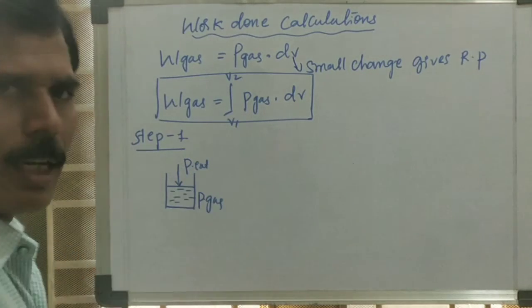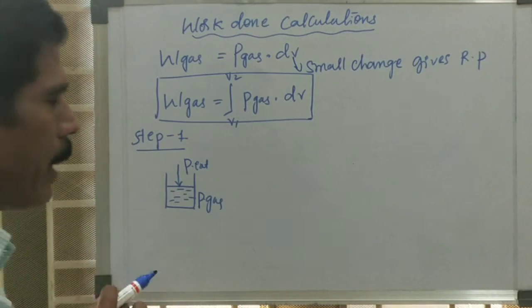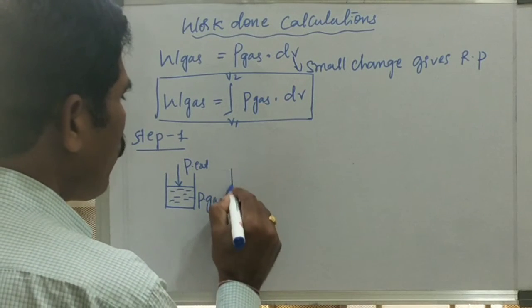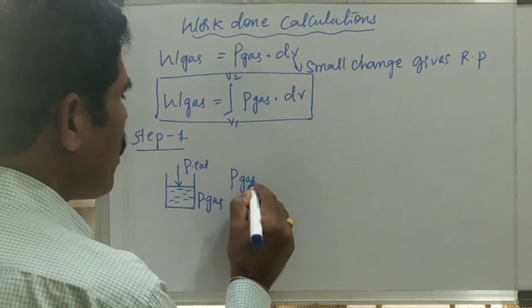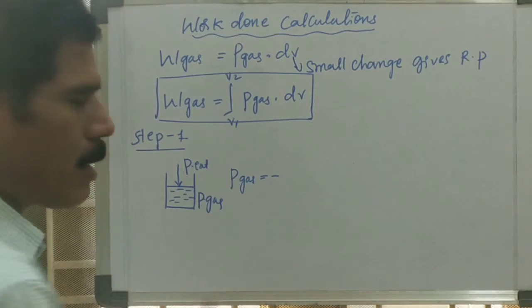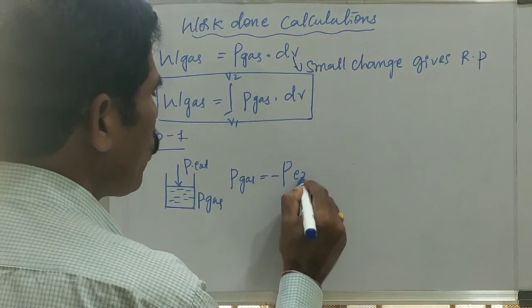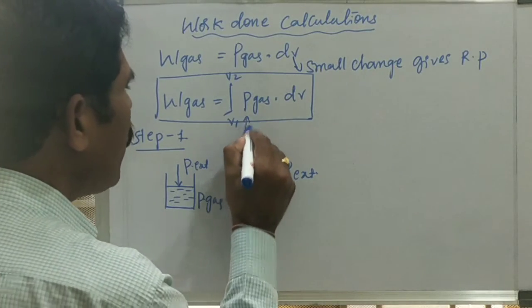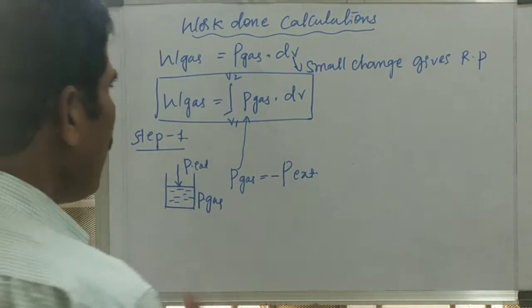So how do we write it? The pressure of gas is equal to minus pressure external, right? This value is substituted in the formula. Then what do we get?